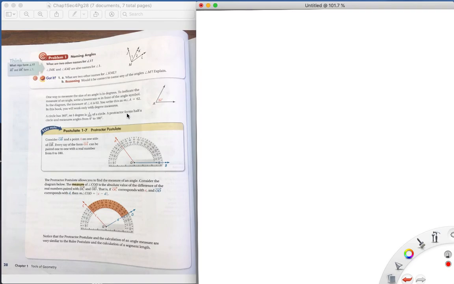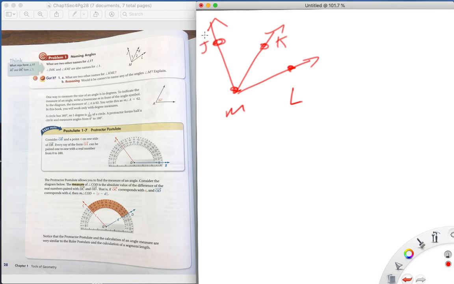All right, there's a lot of ways to name angles. We have this situation here. We have M here, the vertex. We have L up here, K up here, J up here.